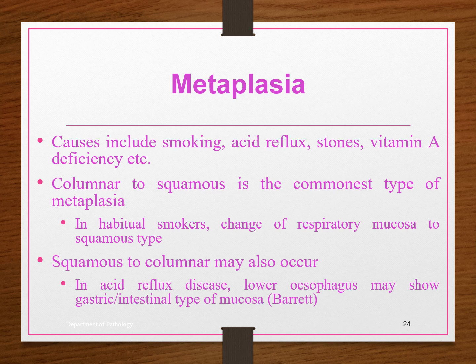So, metaplasia: columnar to squamous is the commonest type seen in cigarette smokers, and the squamous to columnar metaplasia is seen in acid reflux disease or Barrett's esophagus.